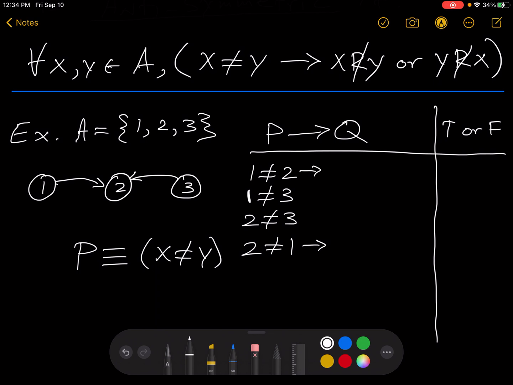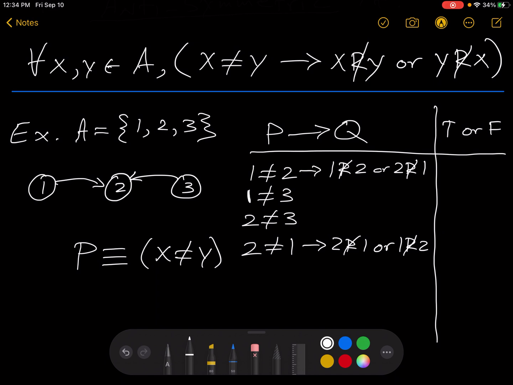And look what arises. When 1 is not equal to 2, the Q part is 1 is not related to 2, or 2 is not related to 1. And down here we have 2 is not related to 1, or 1 is not related to 2.